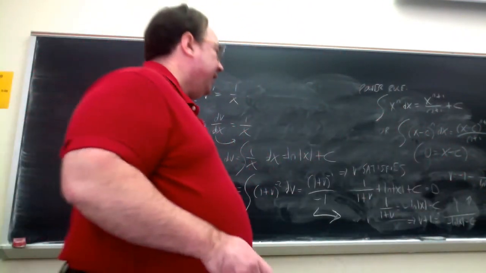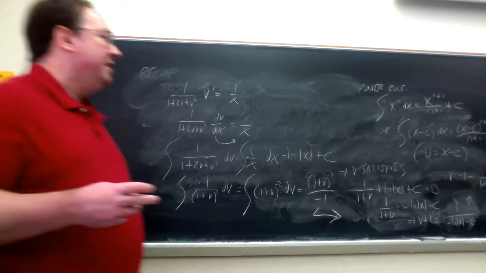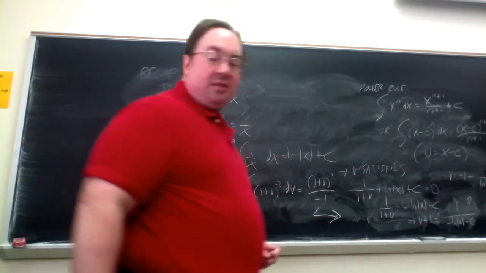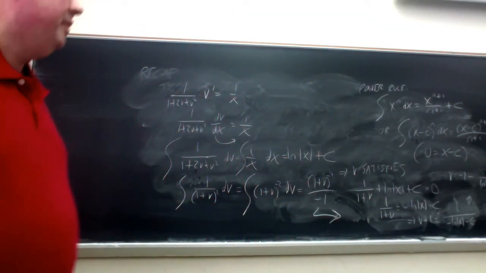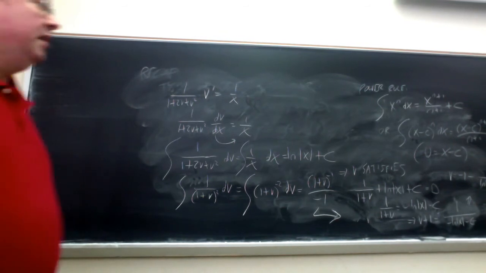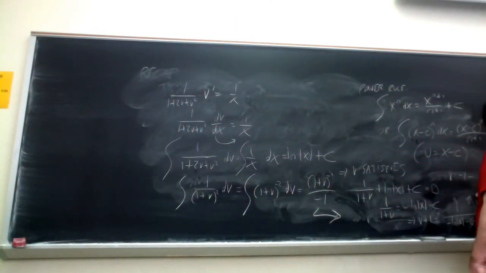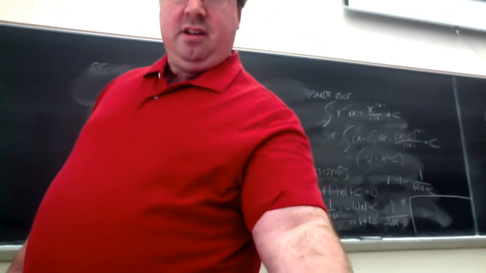Okay, so that is v, but we came here for y. What should we do to this solution to actually get y? The answer is somewhere on the board. Yeah, y is equal to vx. So I'll box this. Okay.